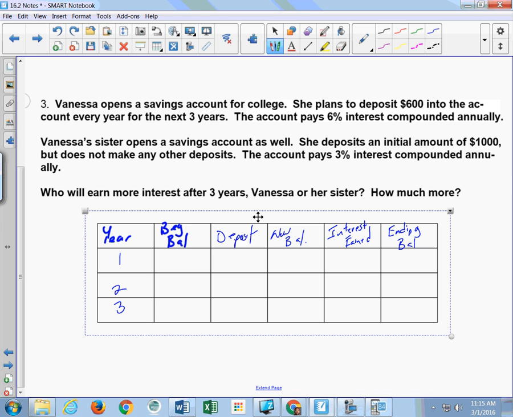Vanessa opens a savings account for college. She plans to deposit $600 into the account every year for the next 3 years. The account pays 6% interest compounded annually. Alright, I'm going to go ahead and put in the deposit of $600 and give you a second to catch up.